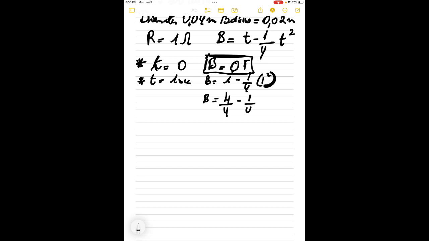For number C, we have to evaluate the current at 1, 2, and 3 seconds. So when time is equal to 1 second, what happens?